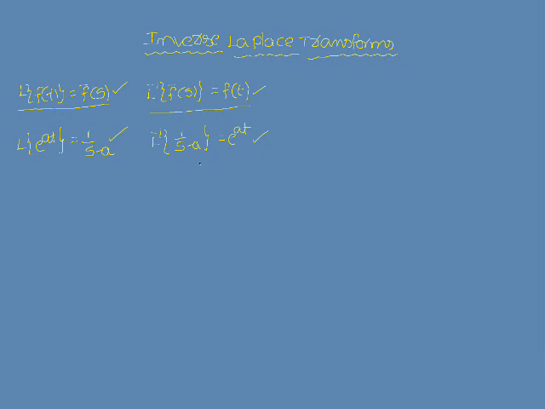Now we are going to discuss some basic formulas related to the inverse Laplace transform. The first formula is L inverse of 1 by s, this is the important formula, that is equal to 1.